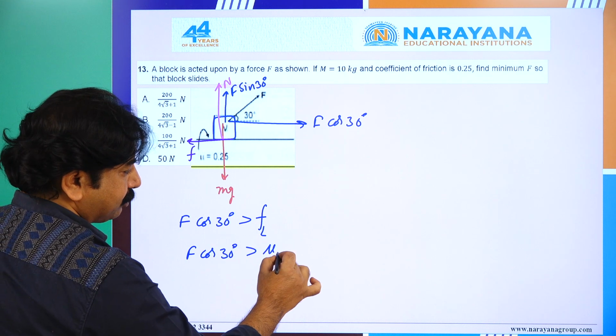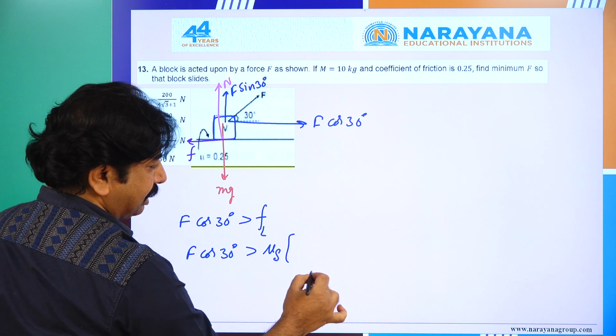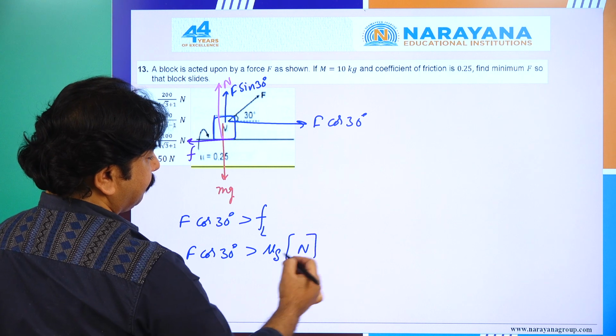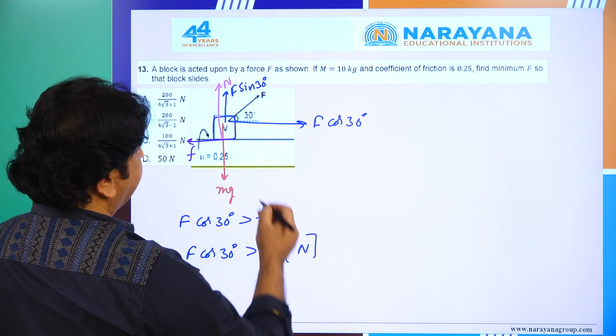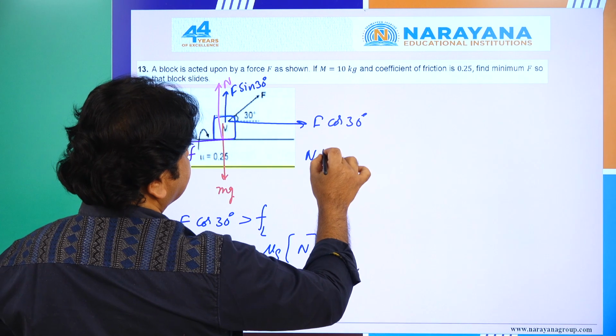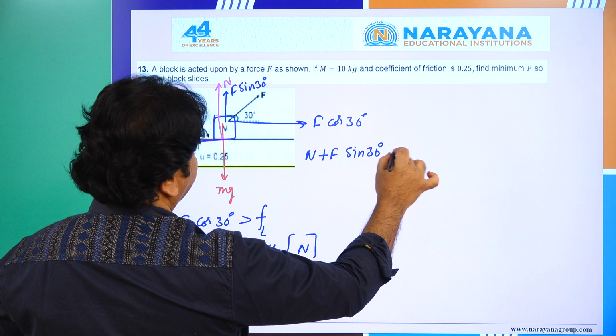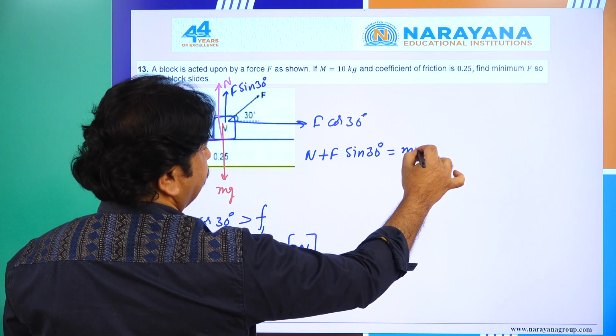Already you know the limiting friction formula, that is nothing but mu s into N, and we require the N value here. But from this diagram, N plus F sin 30 is equal to mg only.